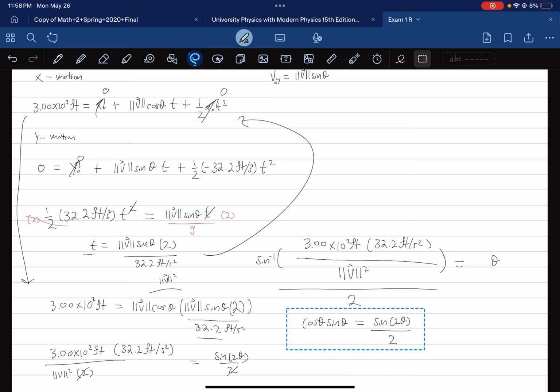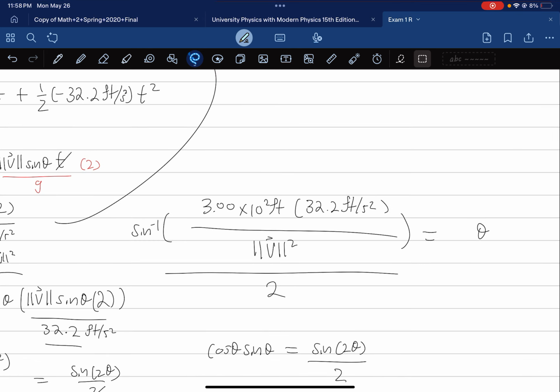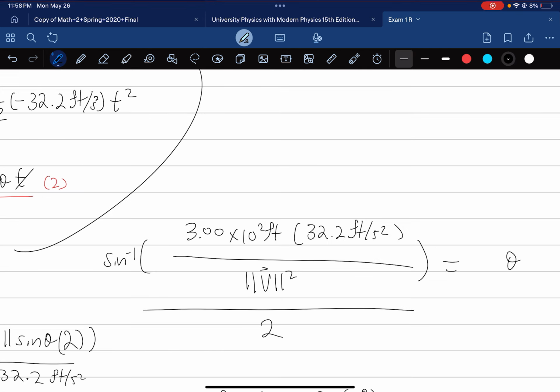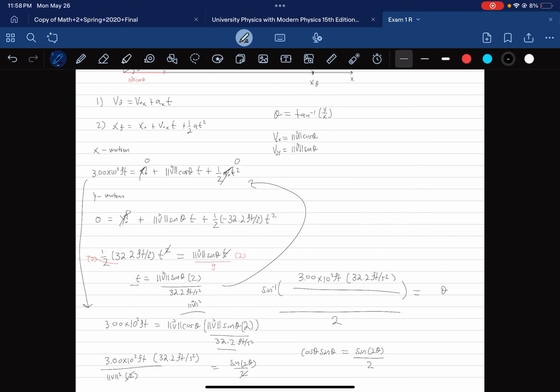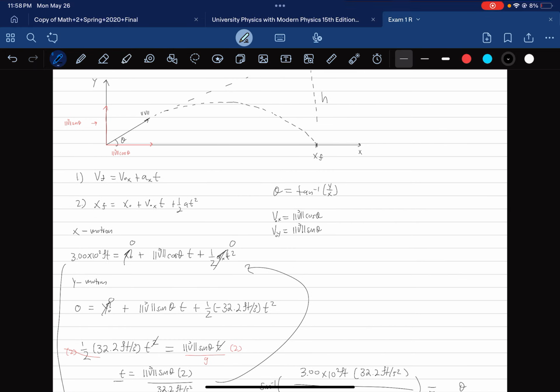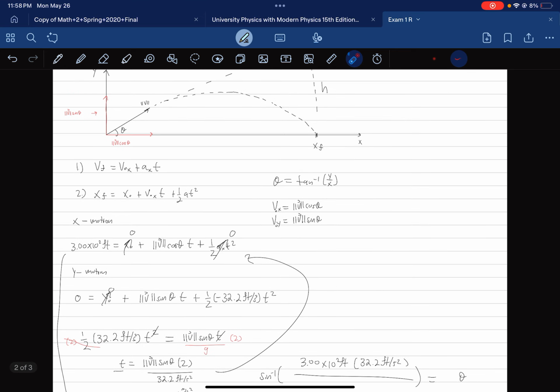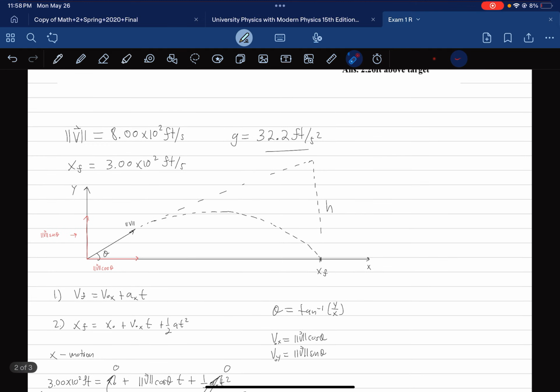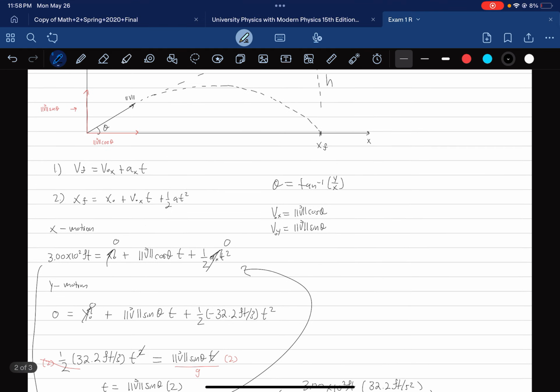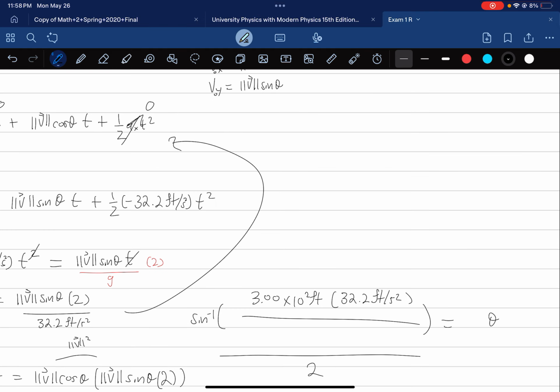If we actually calculate it using our calculator, I'm gonna replace this, because this is technically an actual value, which is located right here, which is 800, or 8 times 10 to the power of 2 feet per second.